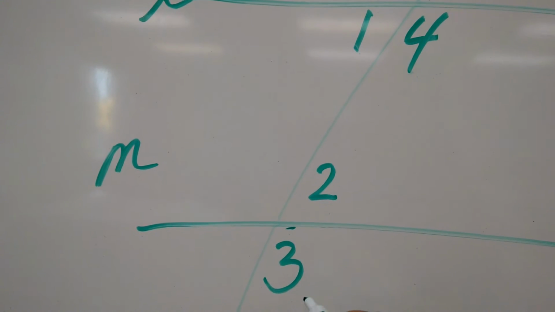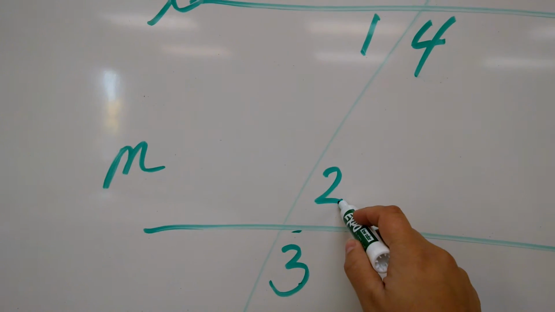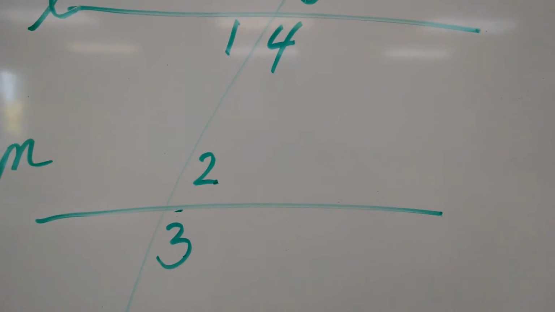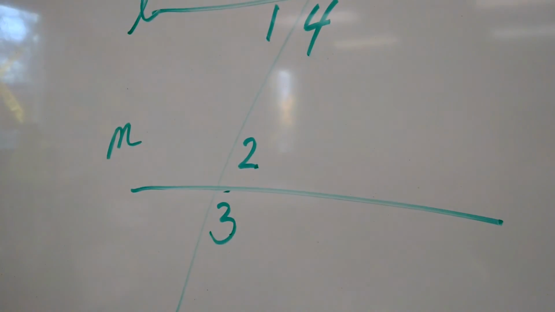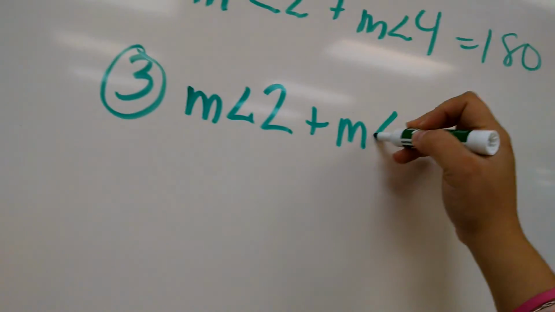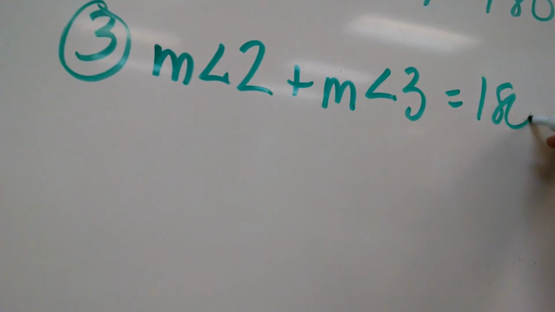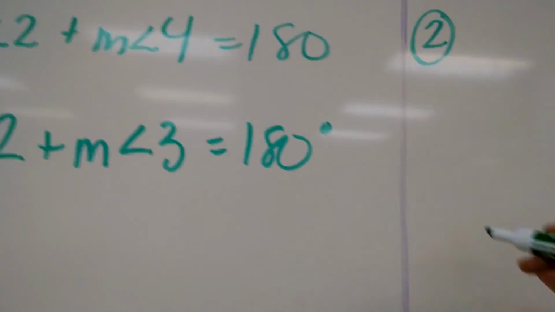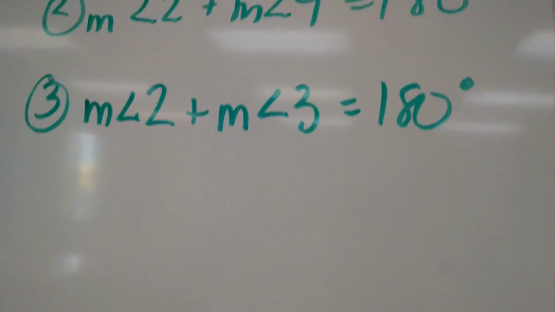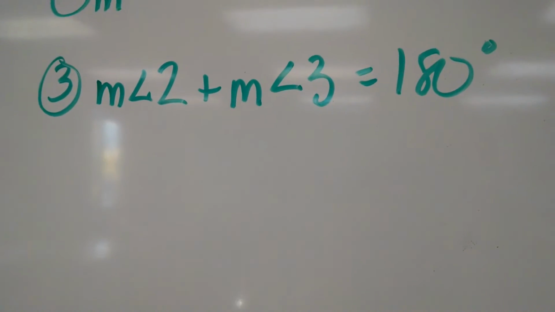Well, angle 3 and angle 2 form a line, right? We know that those are 180 degrees. So I can say that the measure of angle 2 plus the measure of angle 3 is equal to 180 degrees. Now, the reason for this can either be your angle addition postulate.